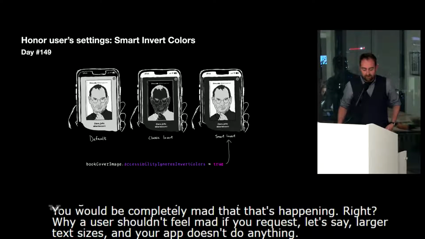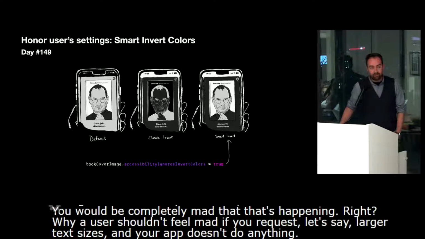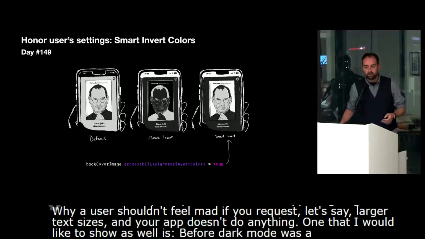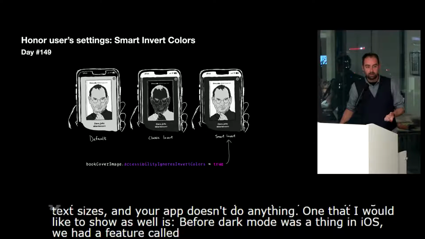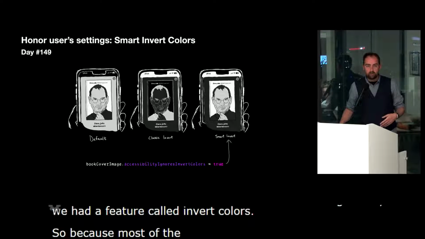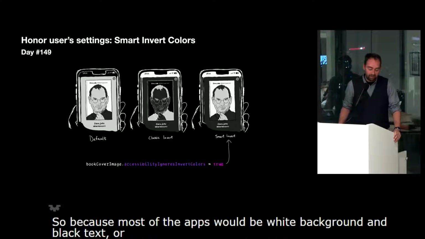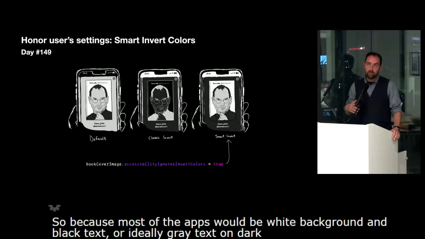And one that I like to show as well is, before dark mode was a thing in iOS, we had a feature called invert colors. Because most of the apps would be white background and black text, or ideally black text and dark gray text, some users would find it difficult to read the app that way.